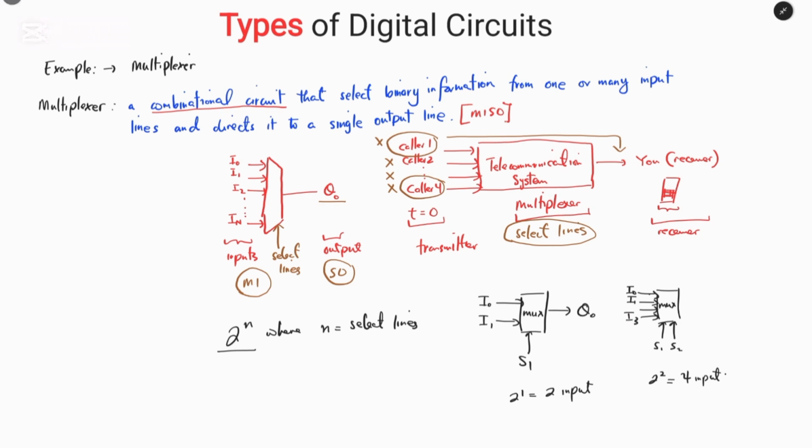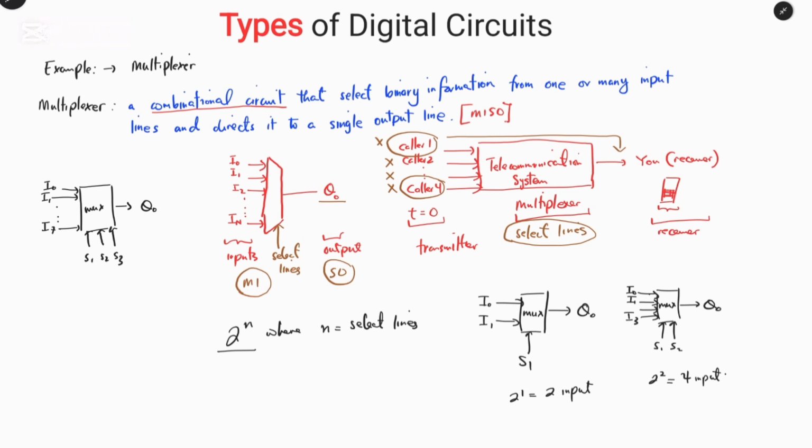And also if we have 3 select lines, then the inputs will be 8 and the output will be 1. So we can specify it by having a MUX with select 1, select 2, and select 3, and I0, I1 all the way to I7. So we have only one output.